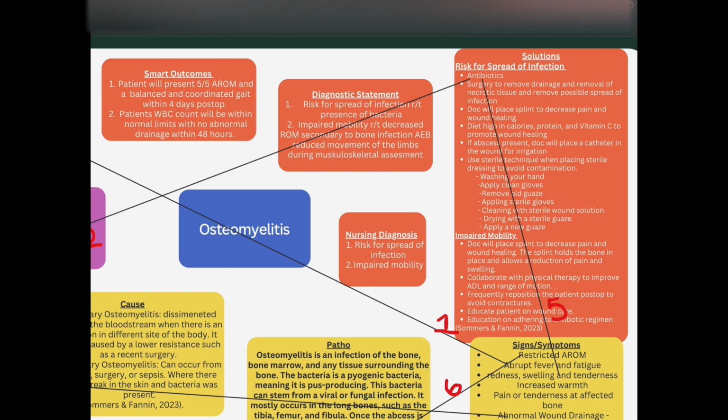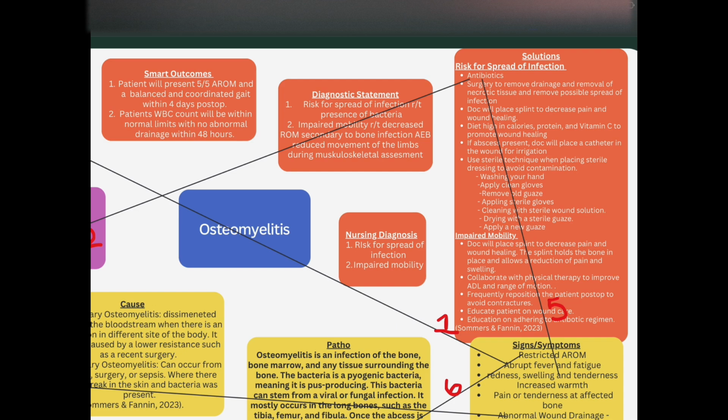So the surgery, like I said, will be the removal of the necrotic tissue, irrigation, which is like flushing the area to remove the bacteria and debris. We're gonna drain the abscesses. And if it's really, really severe, amputation might be needed if they're not able to resolve the necrotic tissue.